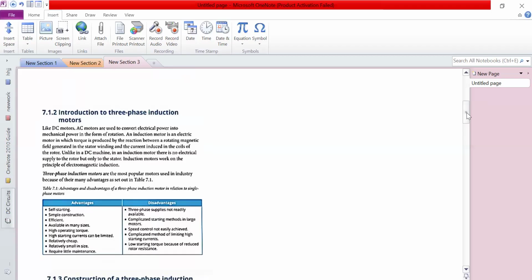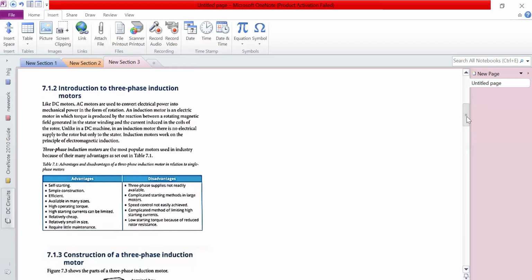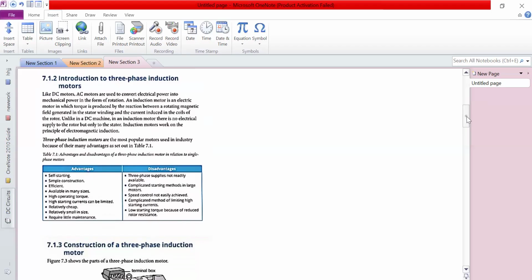So induction motors rely on the principle of electromagnetic induction. More on that later on. Three-phase motors are the most commonly used motors. These are the advantages. The biggest one is that they are self-starting.